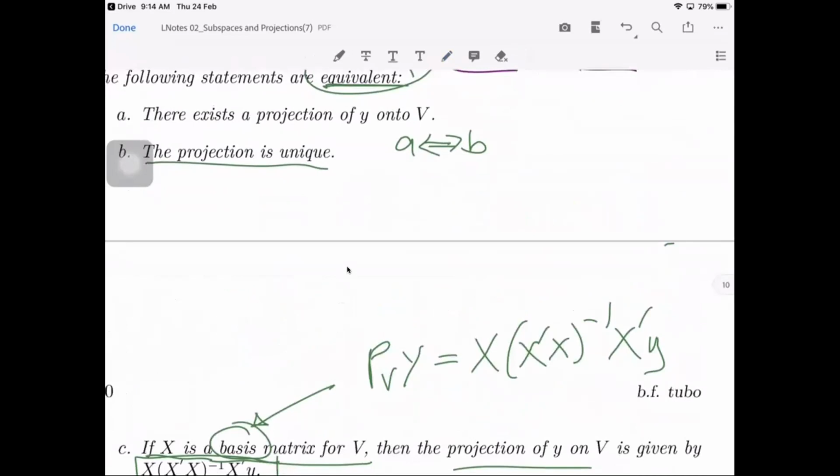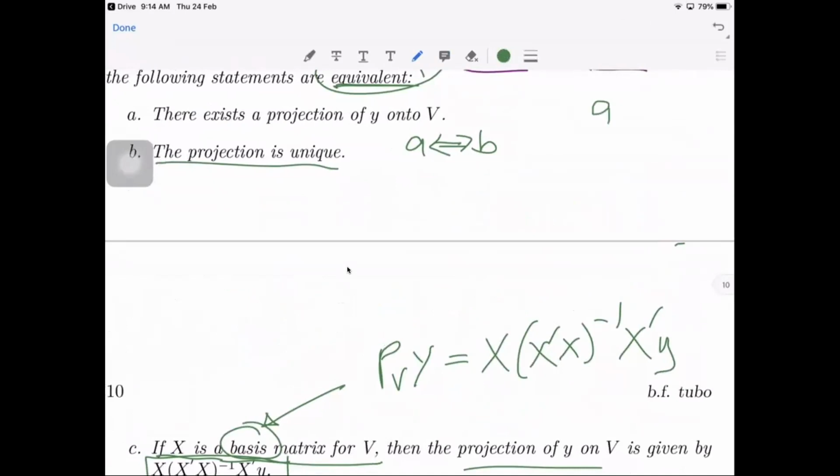So in the 6 statements that we have, A if and only if B, B if and only if C, A if and only if C, some relations are clear.